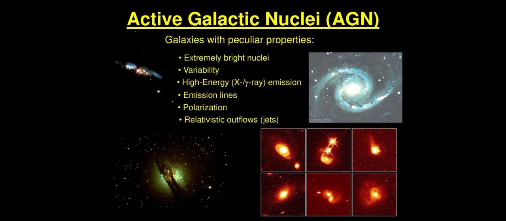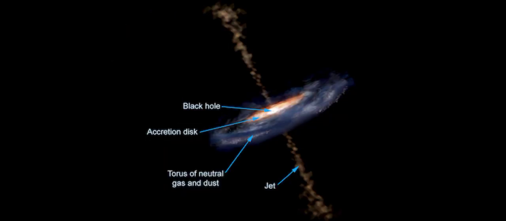But in active galaxies, this is not true. There is a great deal more energy in active galaxies than there should be, and this excess energy is found in the infrared, radio, UV, and X-ray regions of the electromagnetic spectrum. So this energy emitted by an active galactic nucleus, AGN for short, is anything but normal.